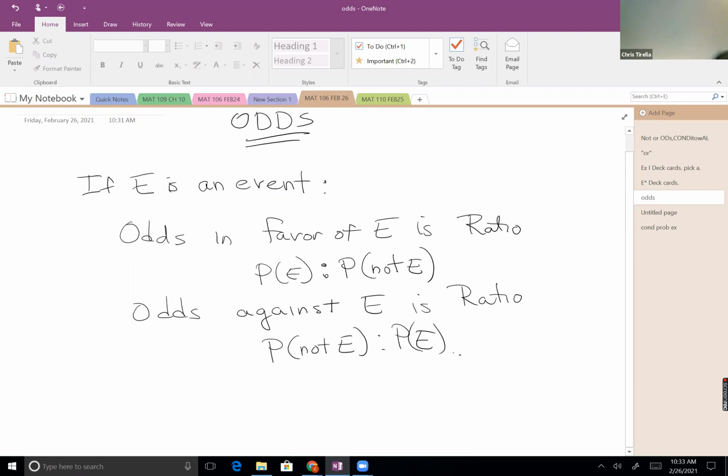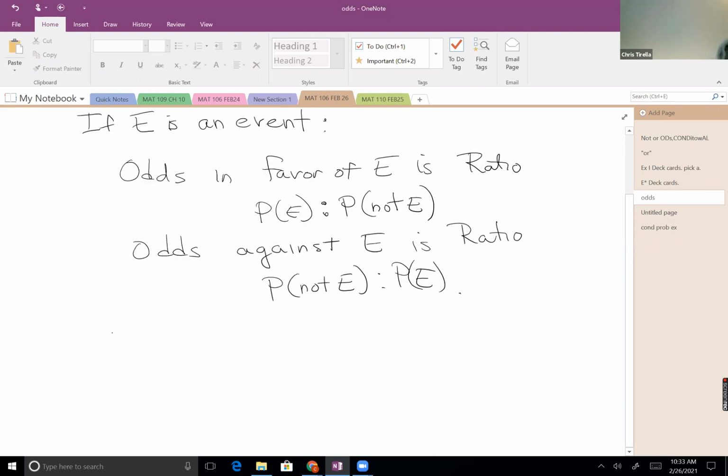And so in order to find odds, we have to find the probability of the event. We have to find the probability of the event not occurring. And remember, that would be 1 minus the probability of the event.